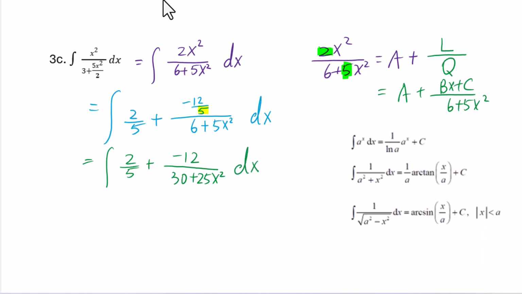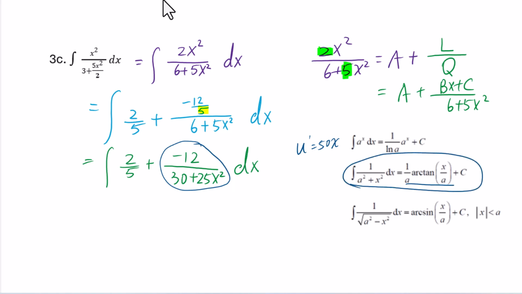Now let's analyze this. Definitely it's not u substitution because u prime equals 50x. Then go back to the formula for arctangent. So let's get 2 over 5 out, it's 2 over 5 x. Negative 12 out, minus 12.